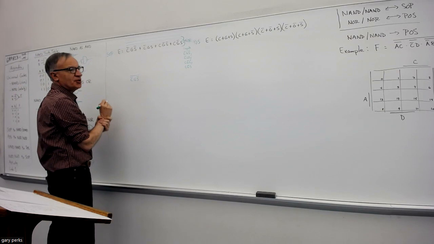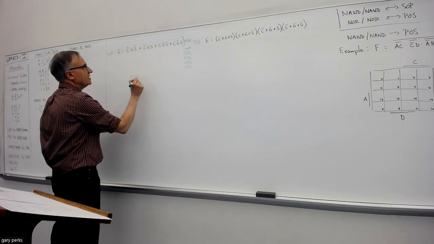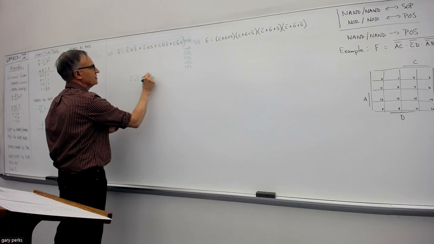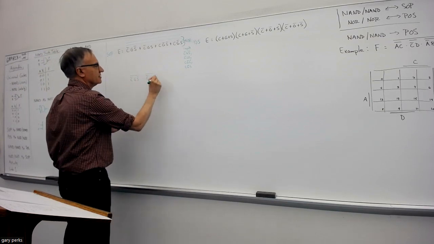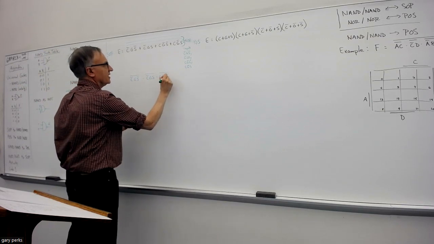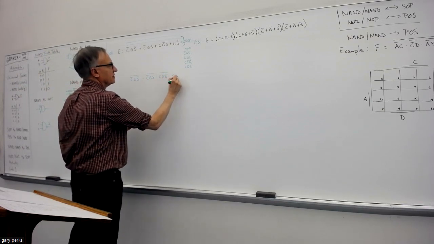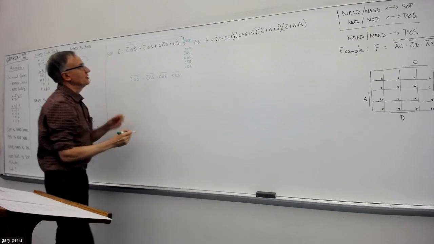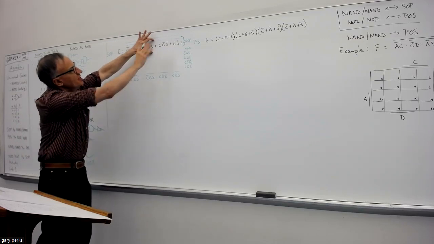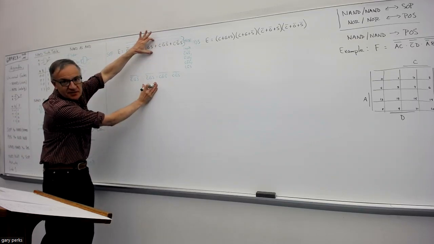I invert the input, and now I AND it with this inverted input, and then I AND it with this inverted input, and then I AND it with this inverted input. So you see, that's taking this bar here and everything underneath and showing it in another form.